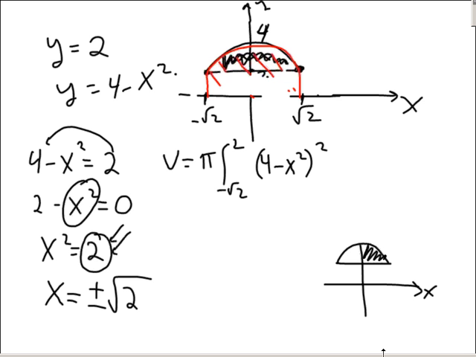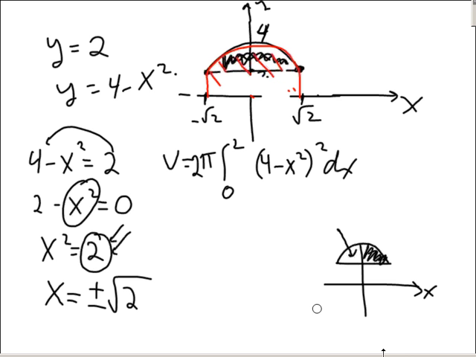Whatever we get when we revolve this around the x-axis, the left side is going to be the same volume as the right side. So rather than going from negative square root of 2 to 2, how about we just do the right half, from 0 to 2, and then whatever answer we get, we double it. By the way, dx.